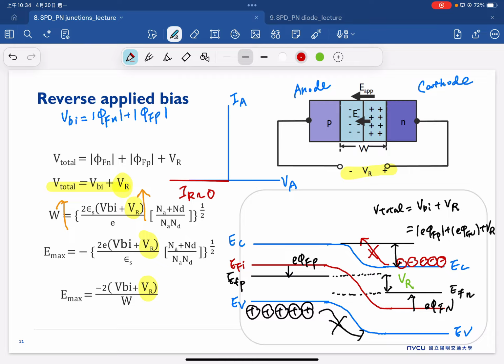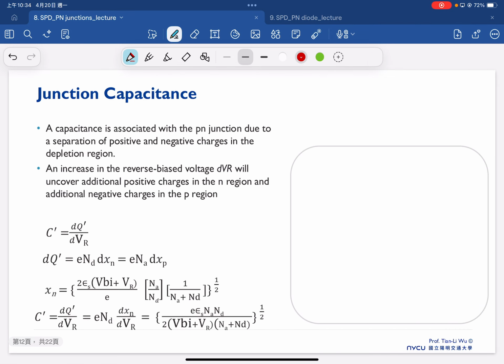Okay, so now we understand the reverse bias. Next we will talk about an additional concept which is very important.